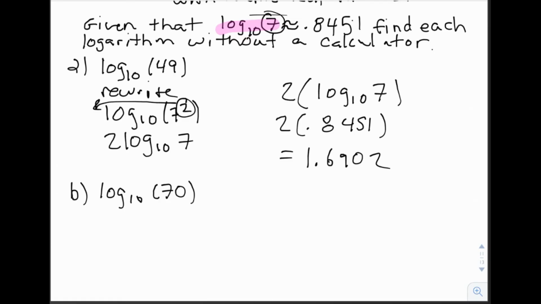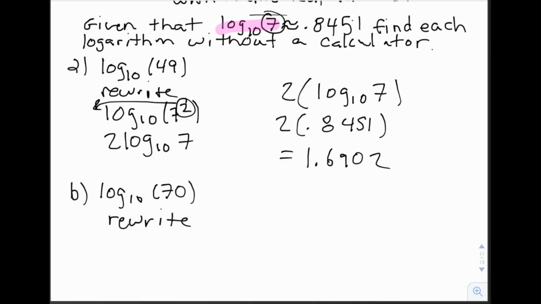How else can we rewrite this one? We want to deal with log base 10 of 7, or it might be useful if we had a log base 10 of 10 because we know that that is going to be equal to 1 due to our base of log property.